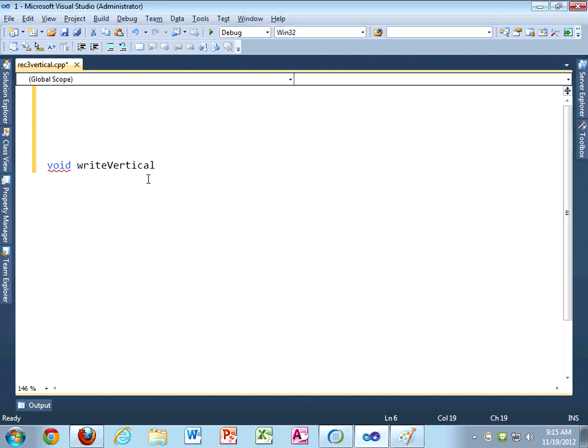It might be an interesting exercise to think at some point about how you would write this iteratively, right? It can be done, obviously, but it's actually a lot harder, I think, than writing it recursively. So, all right, int num.